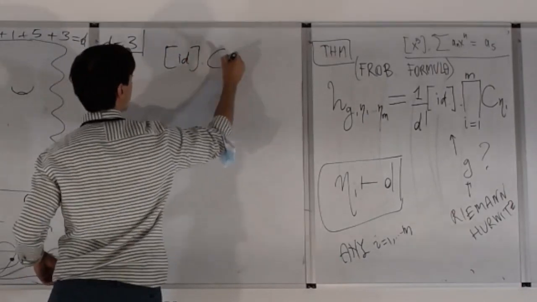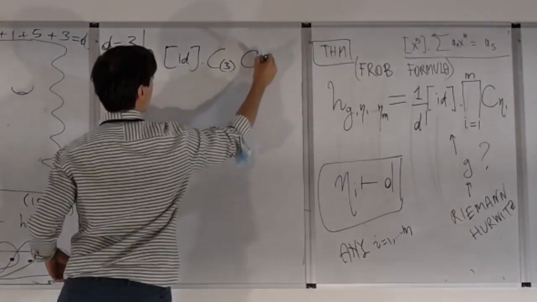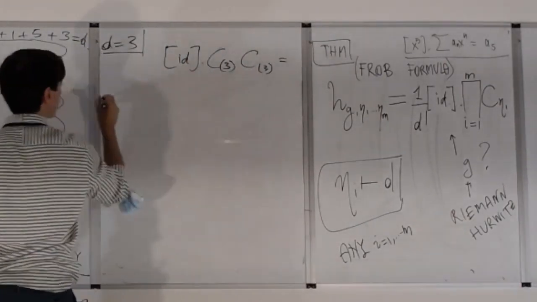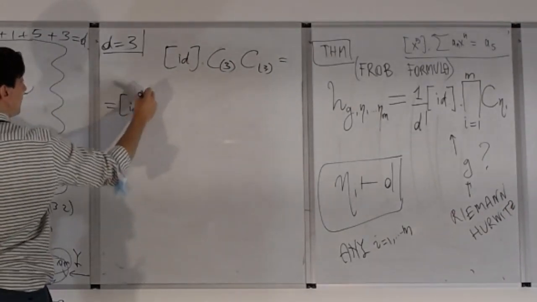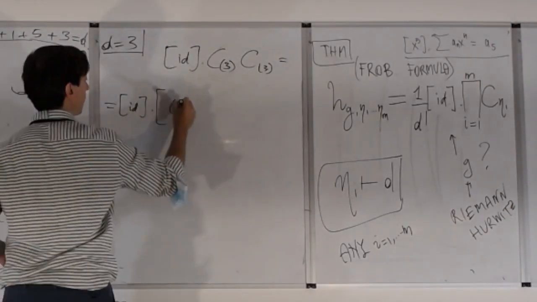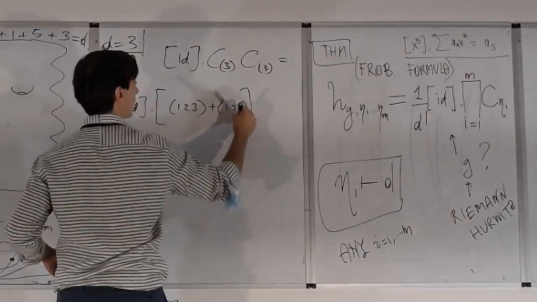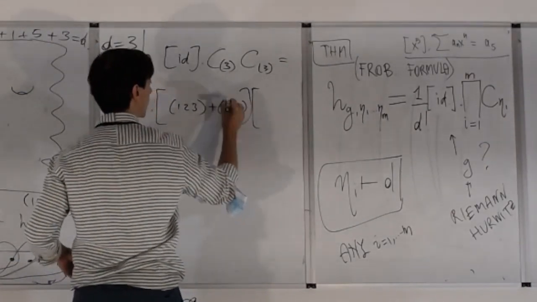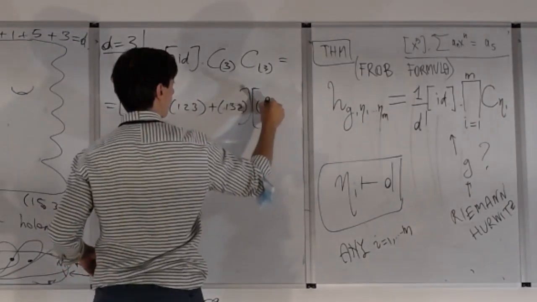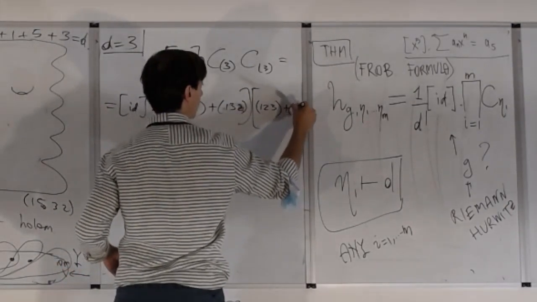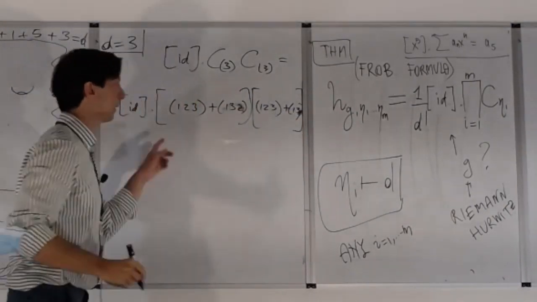Identity, C3, C3. This is equal to identity, and here you have (1 2 3) plus (1 3 2). How many times do you have the identity?